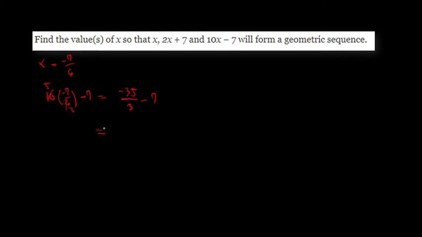Simply get the LCD. So 3 times 7 is 21. Negative 35 minus 21 over 3. Then combine these two constants in the numerator. So we have negative 35 minus 21. That is equal to negative 56. Negative 56 over 3. Tama ba?